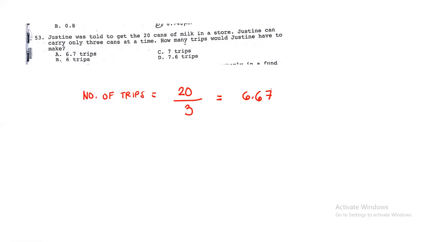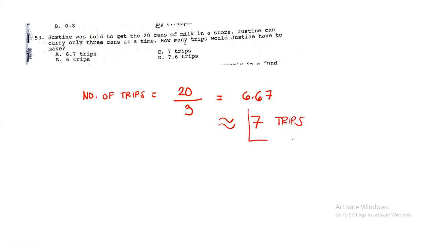Hindi naman pwedeng 6.67, hindi pwedeng may decimal. So, baka sagot mo kagad yan, letter A. Mali ka doon, kapatid, kung yun kagad sinagot mo. Dapat i-round off mo sa mas mataas na whole number, syempre, 7 na kagad sagot yan. 7 trips.